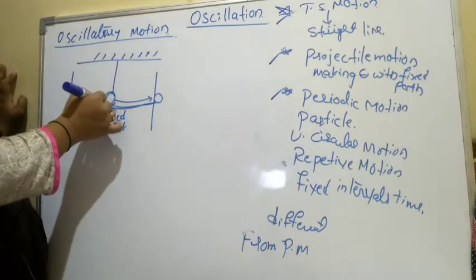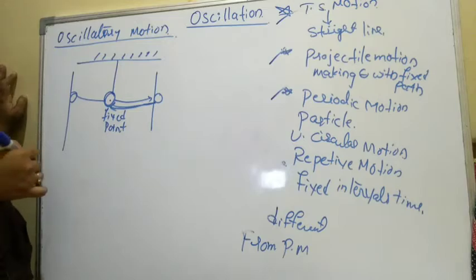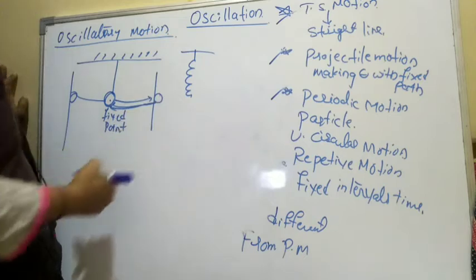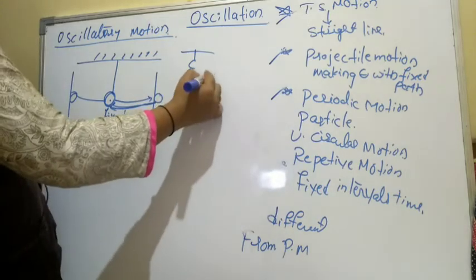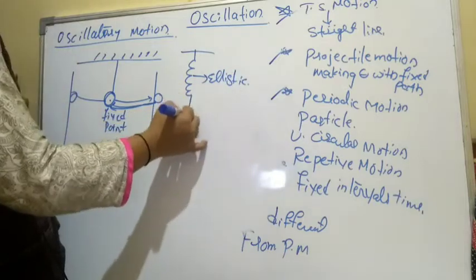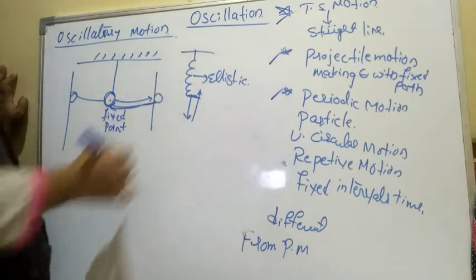And after coming back to this position, here also it is not going to be fixed. As in the case of a string, what are you doing? It's showing the elastic power, right? Once you stretch it, it'll try to come back to its original position.